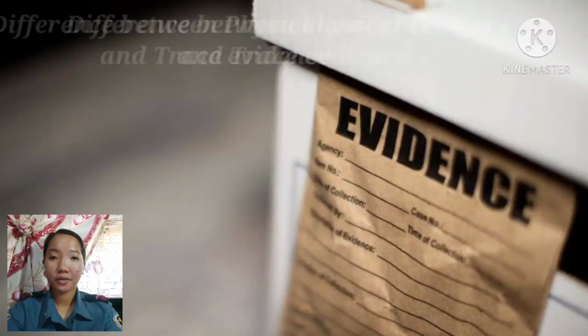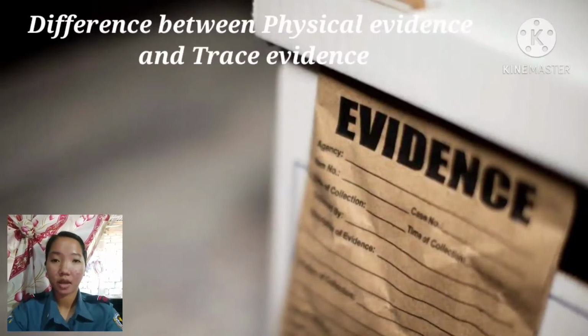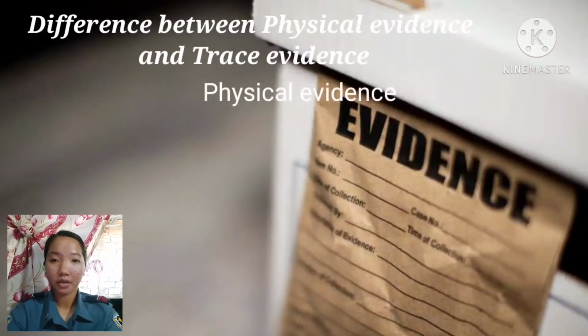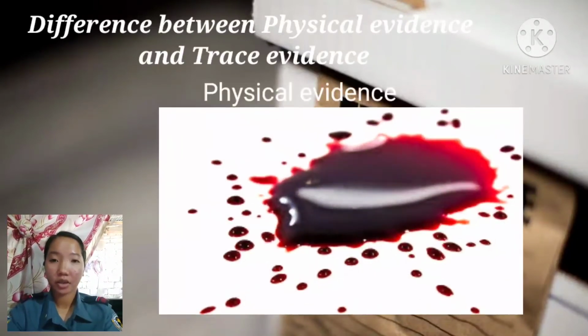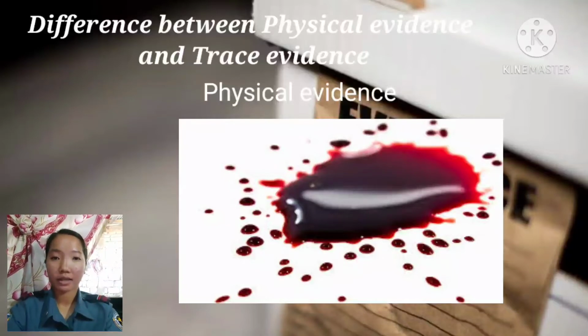Next is the difference between physical evidence and trace evidence. Yung physical evidence can be described as a combination of trace elements, blood spatter, semen, visual understanding, voice recordings, and criminal records na mapag-aaralan kung paano at ano ang nangyari sa isang crime scene.